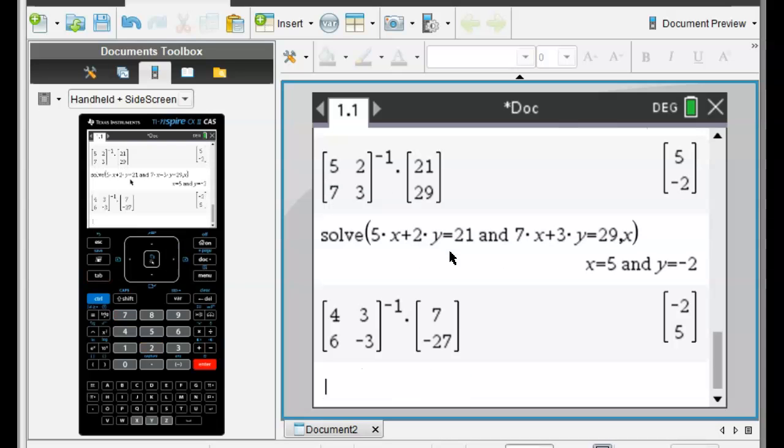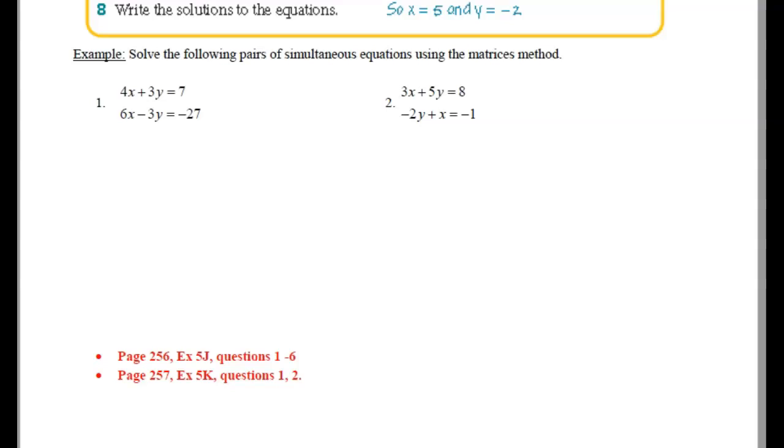And enter. So we've got -2 and 5, and that's your answer. So x equals -2, y equals 5. And we'll just do the last one: 3, 5, negative 2. There's no number there, but it's the number 1.